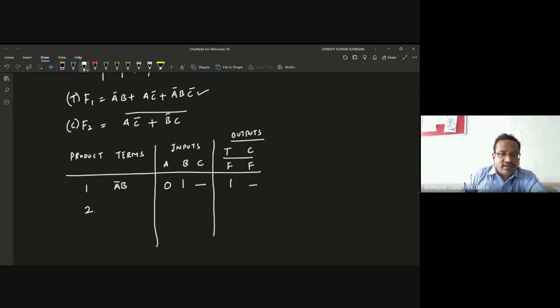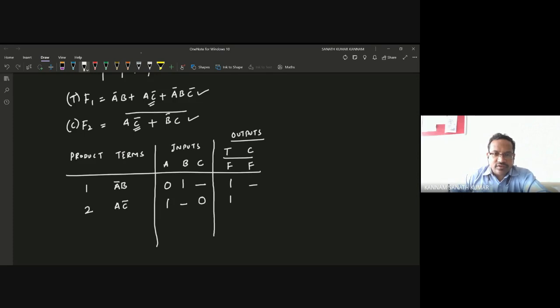Okay. And the second one, AC bar, this product term. So you can write A is 1 and B is not there, that you can keep as dash, and C bar means you can write as 0. Okay. So if you see, AC bar is there in the true form as well as complemented form. So that means it is there in the true function and the complemented function.